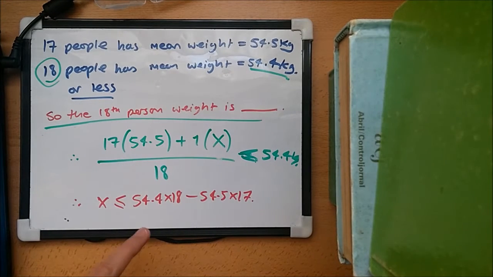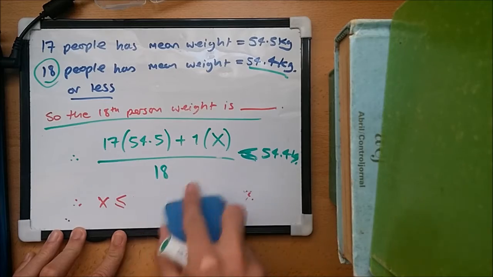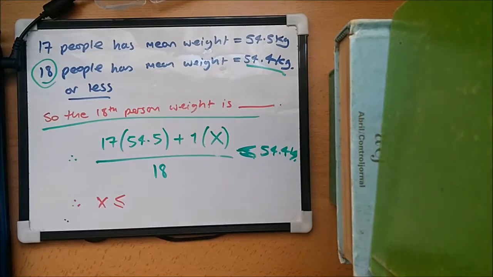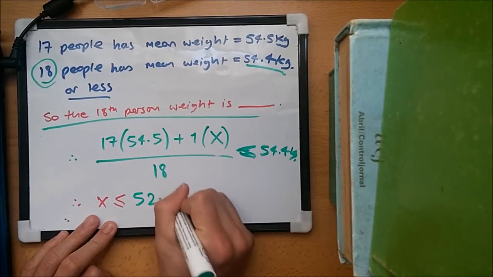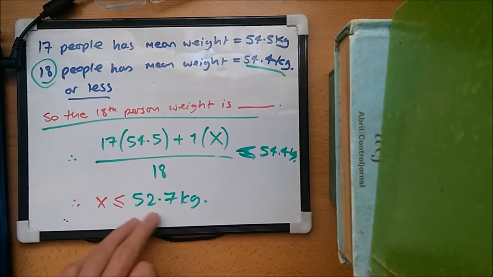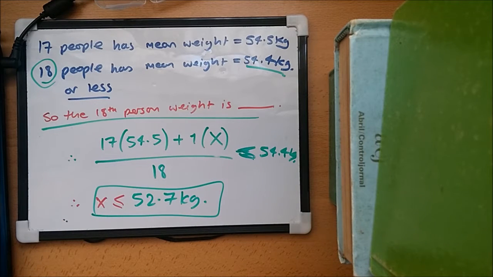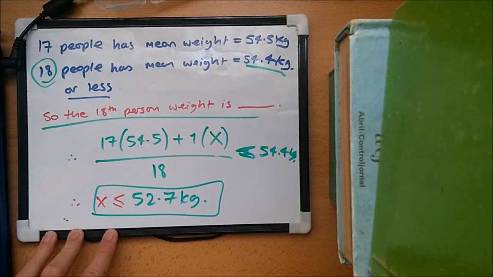On the calculator, this should give 52.7. So let's rub this out. X is less than or equal to 52.7 kg. And there we have it. So the person could weigh this amount or less. And I believe this is the correct answer. So let's move on.